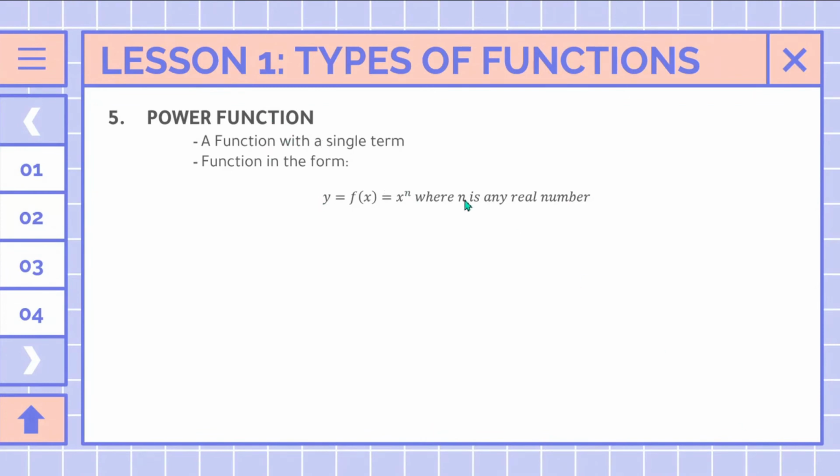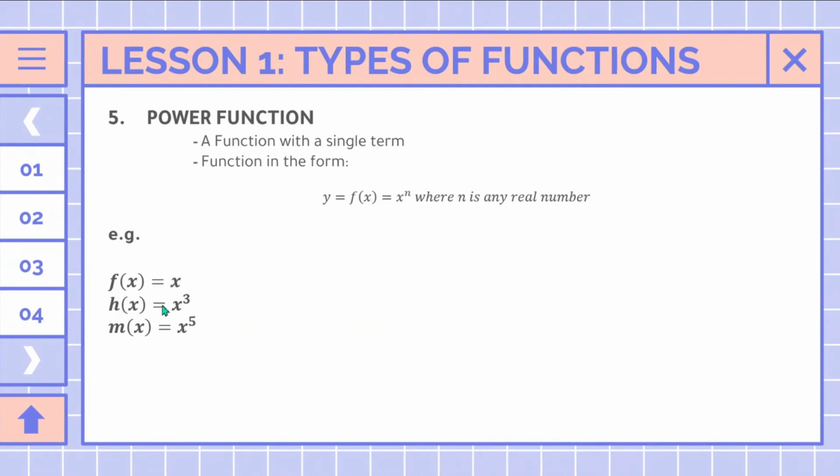So sabi dito, n or the exponent is any real number. Let's proceed. Example given: f of x is equal to x. Masasabi din natin siyang power function because yung exponent niya is 1. Hindi na lang isinusulat yung 1 kasi parang base na siya.